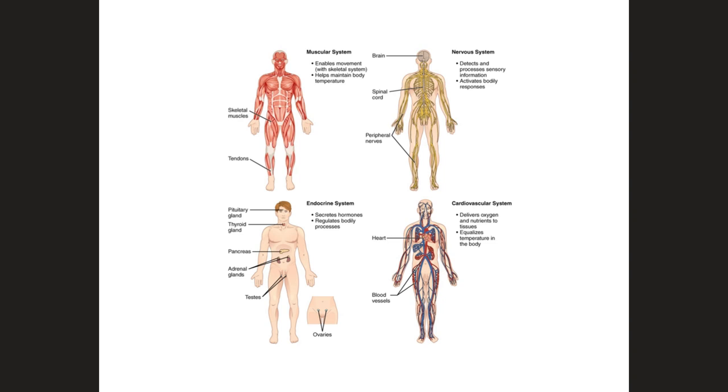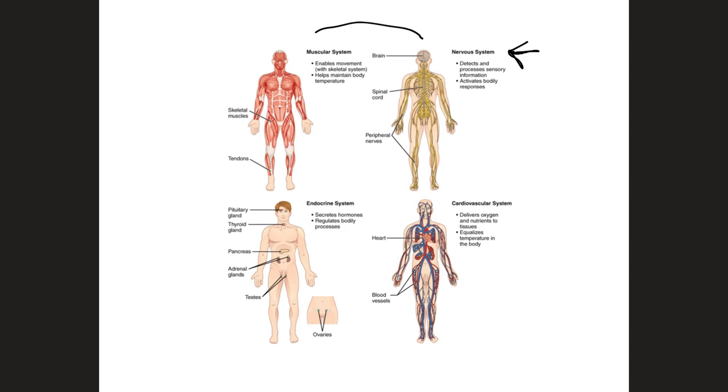As I mentioned, we have different organ systems, and the cells within each organ system not only work together as a system, but they also communicate with one another. Our nervous system is constantly talking to the other organ systems.